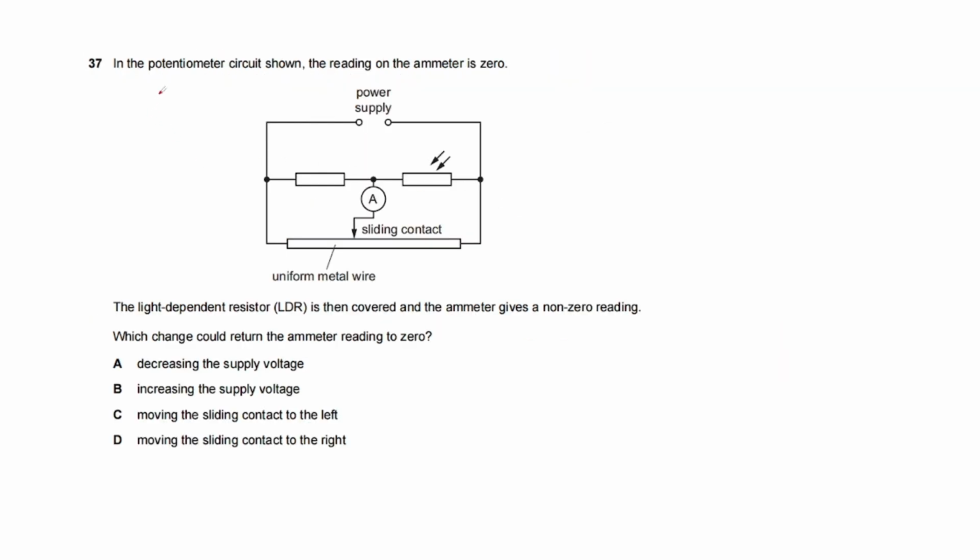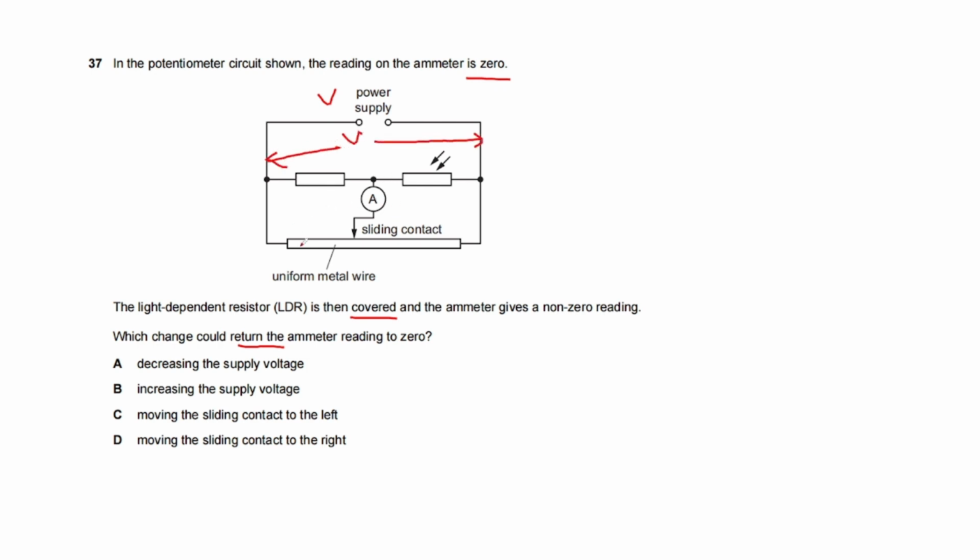Question number 37. In the potentiometer circuit shown, the reading on the ammeter is 0. The light dependent resistor, LDR, is then covered, and the ammeter gives a non-zero reading. Which change could return the ammeter reading to 0? In this potentiometer circuit, let's consider the whole power supply as V, which is the same as the voltage across this one.